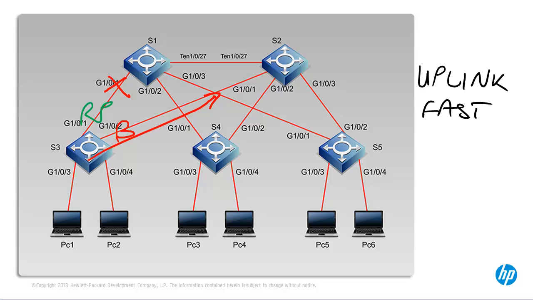So rather than taking 30 seconds, much quicker convergence would take place. So within 2 seconds, that port would start forwarding rather than taking 30 seconds. Now these are proprietary mechanisms. There is another one known as BackboneFast, which we won't talk about here. But the idea was to increase the speed of PVST.